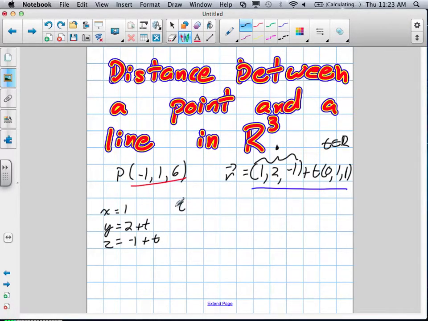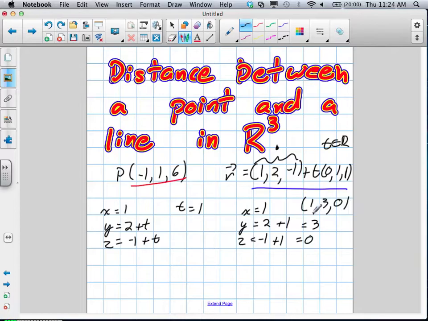So let's say t is equal to 1. Well, x will still equal 1. Y will then equal 2 plus 1, which is 3. Z is equal to -1 plus 1, which is 0. So our other coordinate is 1, 3, 0, and our first coordinate is 1, 2, -1.